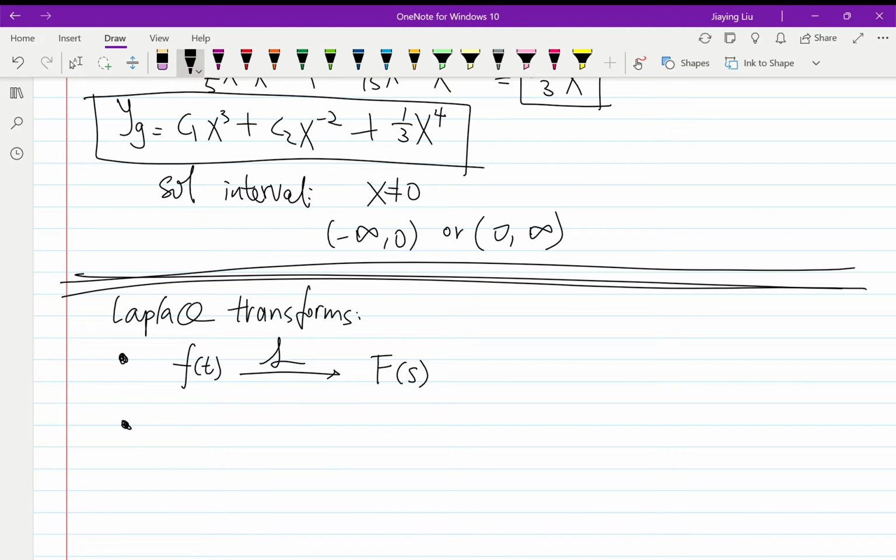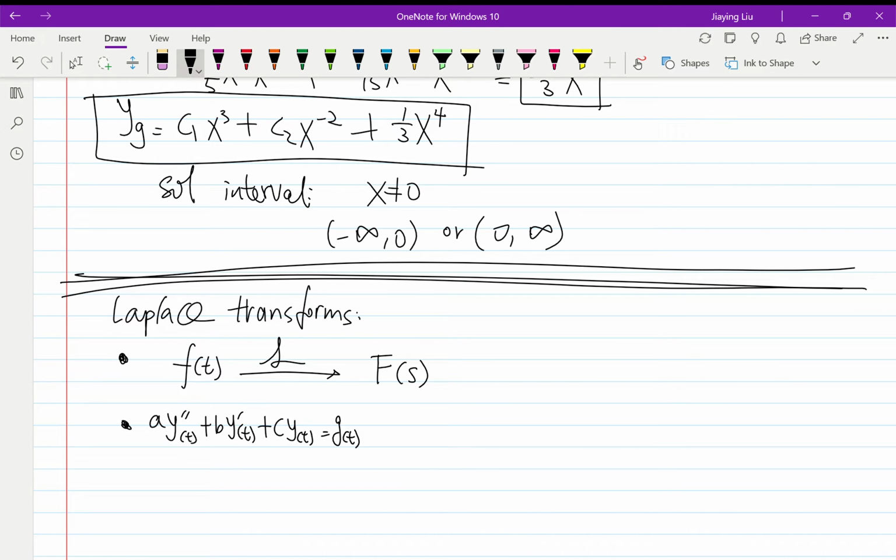Sometimes you might have a differential equation, for example, a y double prime of t plus b y prime of t plus c y of t equals, say, g of t. You look at it, and it may not be easy to find a solution.